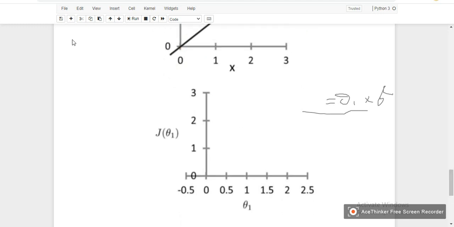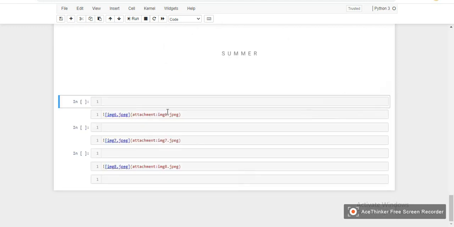So if you can see here, the cost of the above model for a given value of theta 1 equals 1, the cost J of theta 1 equals 0. Okay, let's see another case.